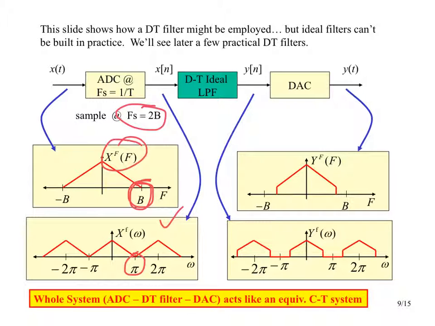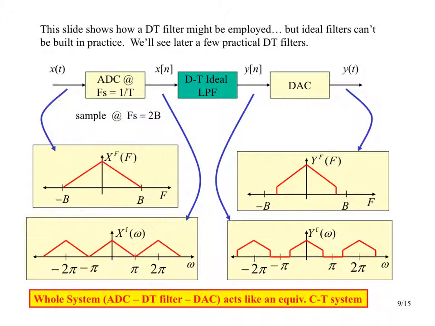If we actually sampled at a rate higher than 2B, we'd see a little gap here between those two triangles. So I would encourage you to think about that and consider what would happen if we sampled faster than 2B, and try to draw this diagram for the case where you're sampling faster than 2B.